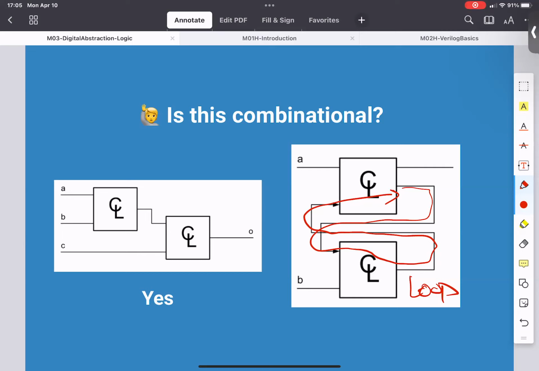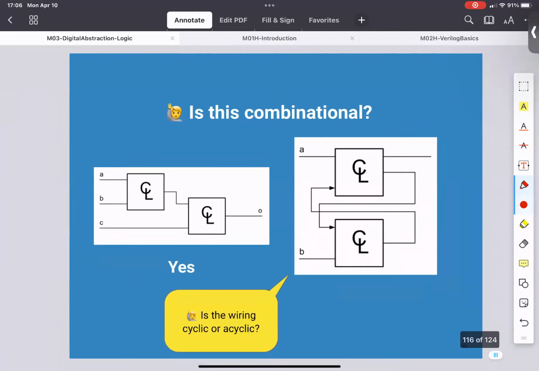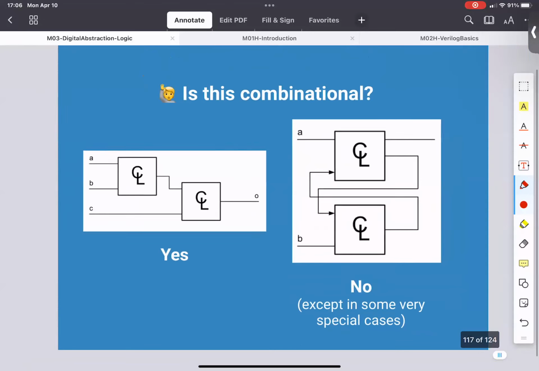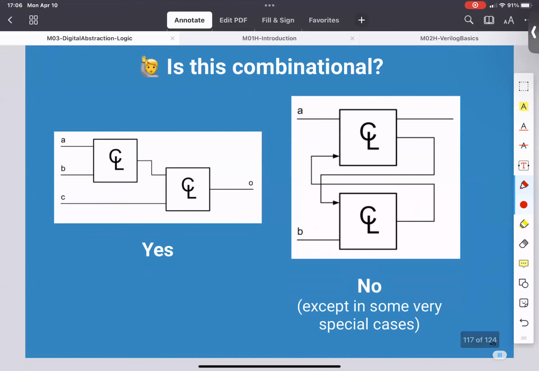So if I give you a set of combinational logic and apply the wiring operation, I may get something which is no longer in that set. So this is cyclic, and in general, this would be sequential, although there are special cases, depending upon what precise thing the combinational logics are doing, where it may still be combinational.